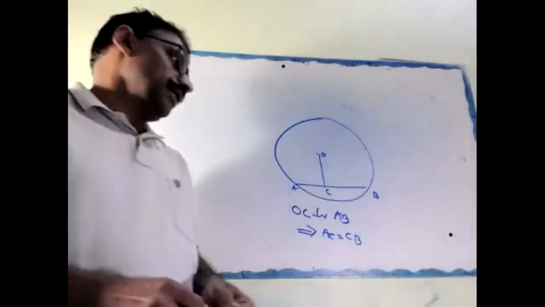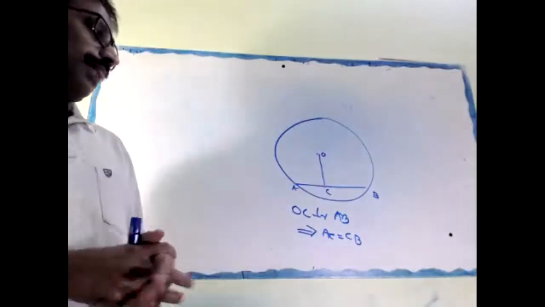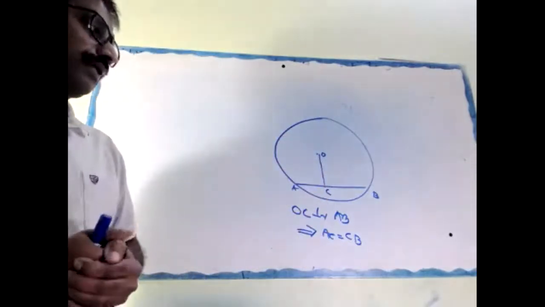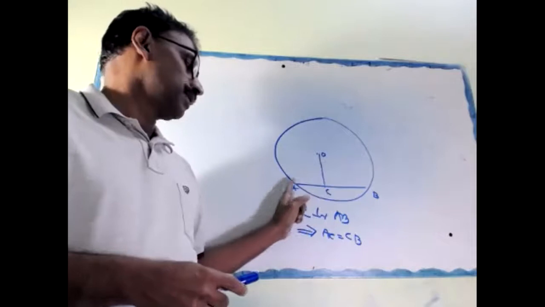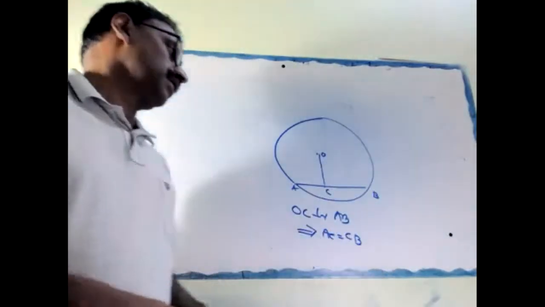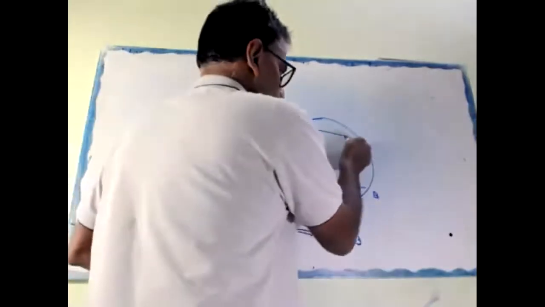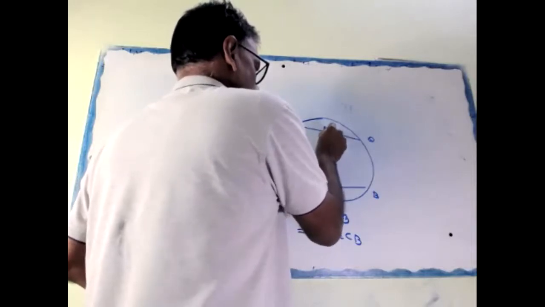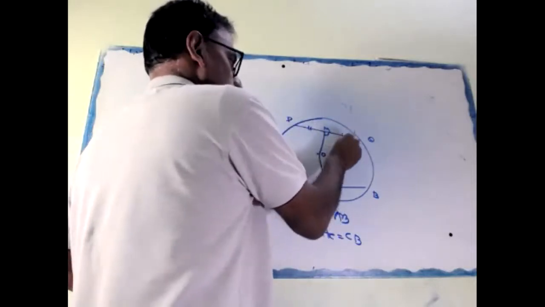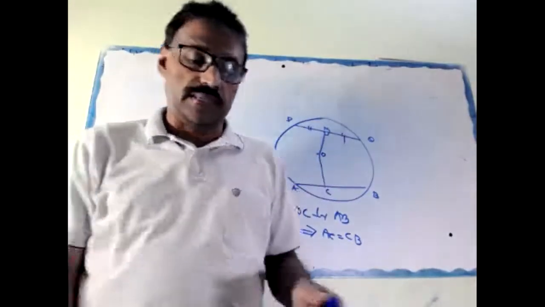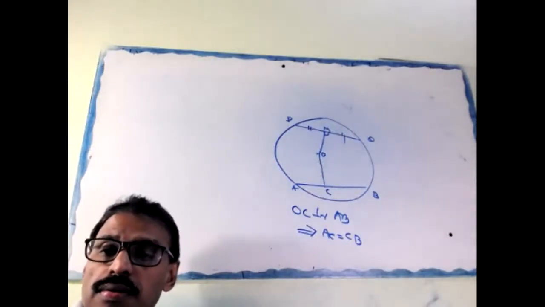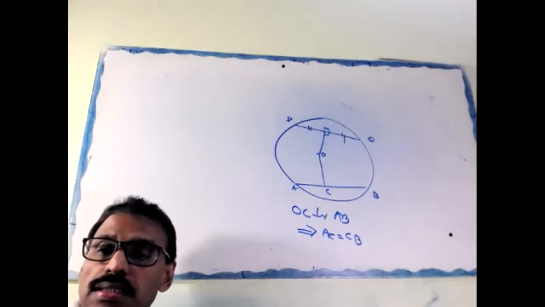Okay, look at here. The perpendicular from the center bisects the chord. If OC is perpendicular to AB, then AC equals CB. If it is like this, look. This equals this one. This one you learn, right? The perpendicular from the center bisects the chord.